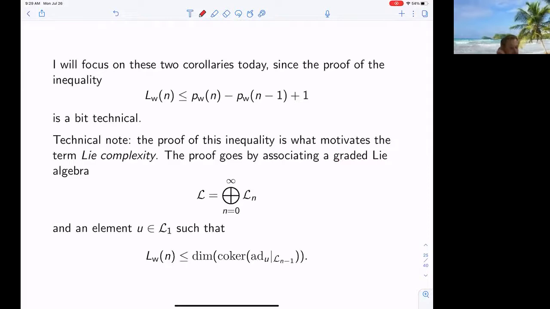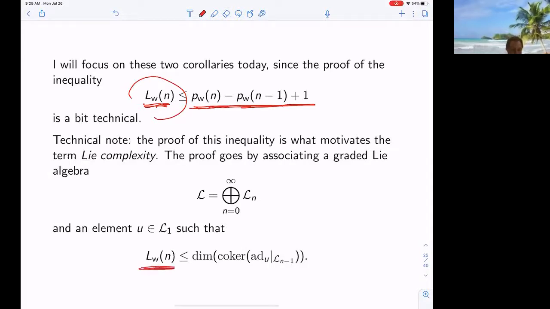So I just want to say for people who are more expert about this, the reason why we call this the Lie complexity function is that the proof, while not terribly hard, is a little technical in that it uses Lie algebras. So what we do is we construct a graded Lie algebra, and this LWN is sort of counting some dimension of some graded Lie algebra. So that's why it's called the Lie complexity.